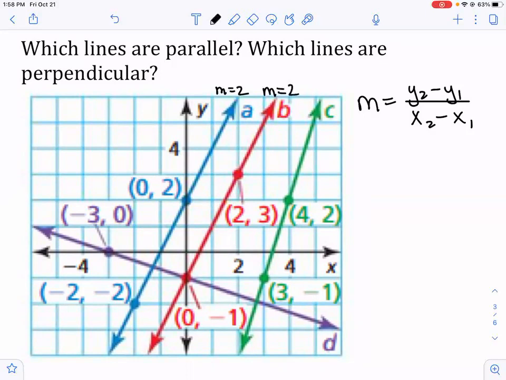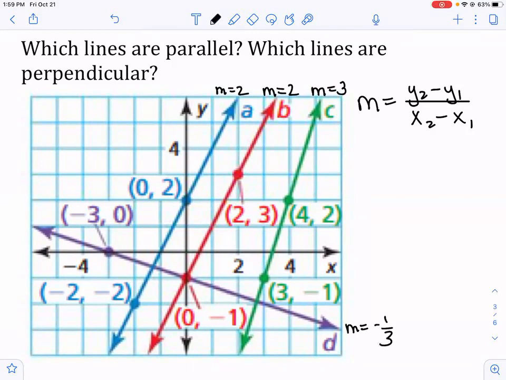Great. Keegan, what is the slope for line C? It's 3 over 1. Okay, and then our slope for line D, Tyler. -1/3.